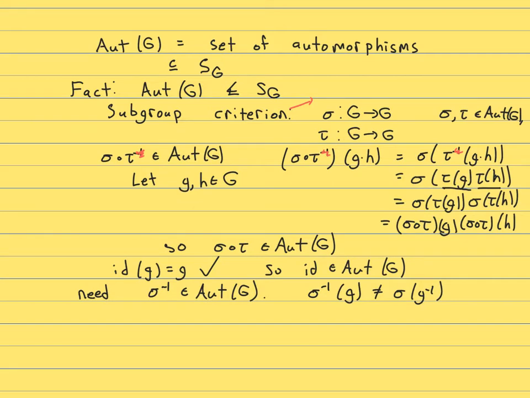So what do we do? Well, let's compute sigma inverse of G times H. We want to find a way to factor sigma inverse through the product. The only thing we know is that we can do that with sigma, so we need to find a way to introduce sigma into this equation so that we can use the fact that sigma is an automorphism.